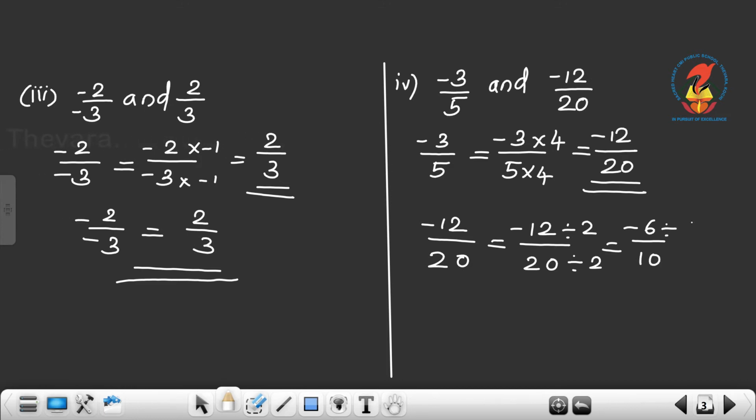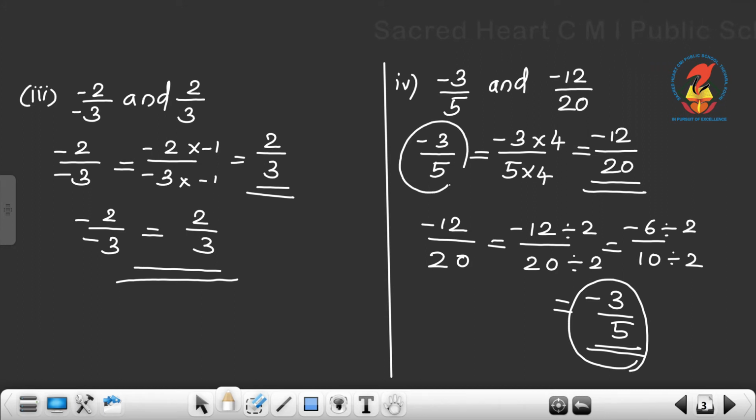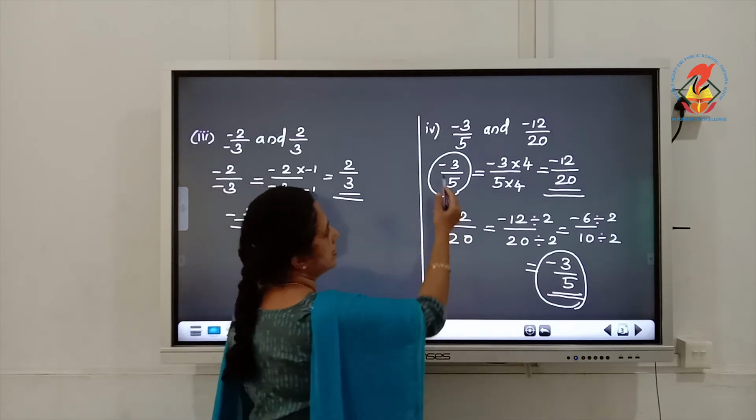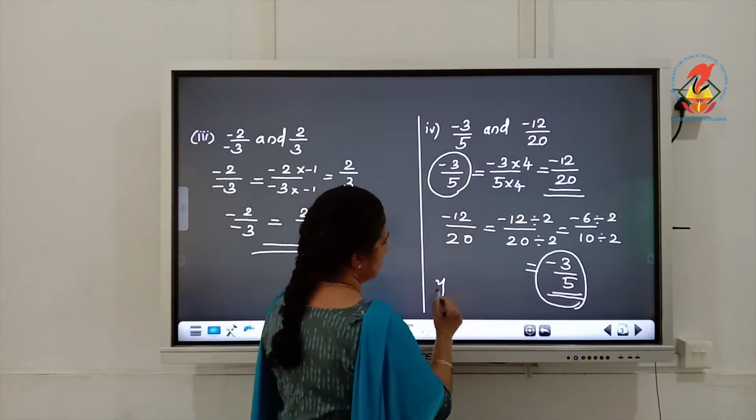And if you divide again by 2, we get negative 3 by 5. So negative 12 by 20 reduces to the lowest form negative 3 by 5. Or you can find an equivalent rational number for negative 3 by 5, and we got negative 12 by 20. So whether these two rational numbers are the same? Yes, they are the same.